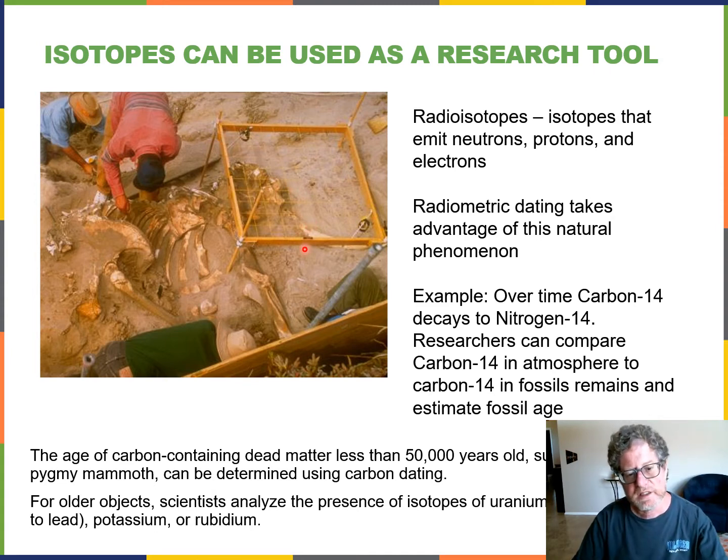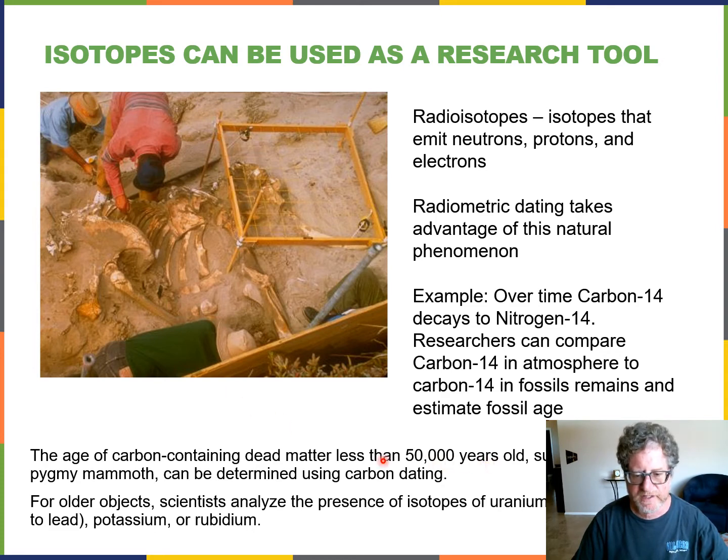you wouldn't use carbon to date dinosaurs, because carbon only goes back as much as about 30,000 years. So carbon's good for dating parchment paper from the Egyptians that was 5,000 years old, and things that are very recent, back to about 30,000 years old.